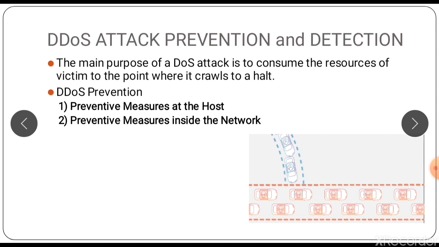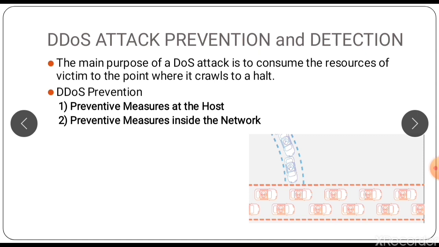You can just consider the example of a traffic jam on a highway that prevents the regular traffic from arriving at its desired destination. So here the main purpose of a DoS attack is to consume the resources of the victim to the point where it crawls to a halt.